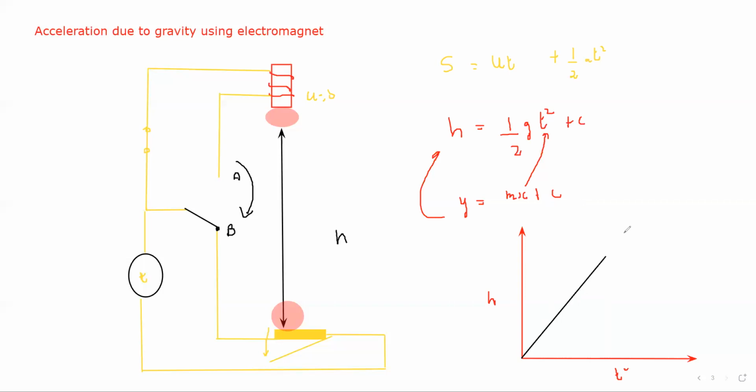The gradient will be g/2, or I can say 2 multiplied by the gradient will be equal to g. So the acceleration due to gravity will be twice the gradient. We can find the gradient as (y2 − y1)/(x2 − x1), and using this gradient, we can work out the acceleration due to gravity for a falling object using an electromagnet.